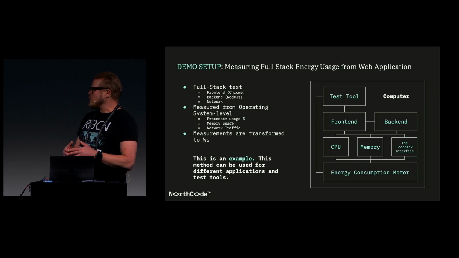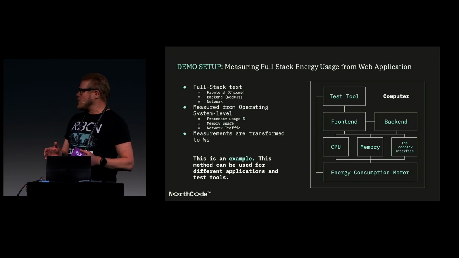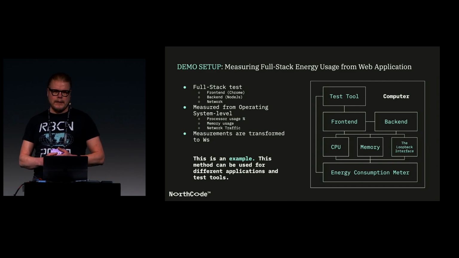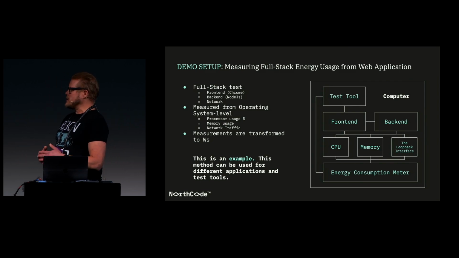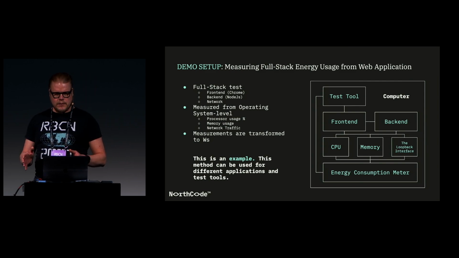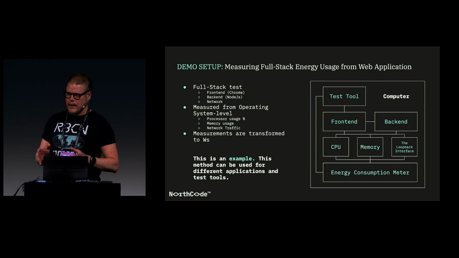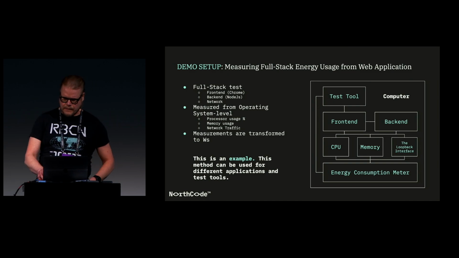With the listener, we are measuring the CPU load, memory load, and also traffic between the front end and back end. And the measurements are transformed to watt seconds. This is at the moment a really highly conceptual thing, but it's still a working demo.